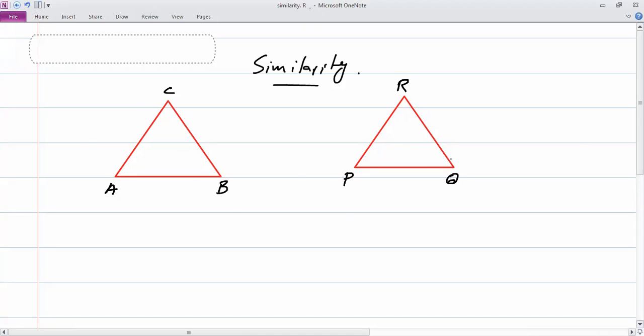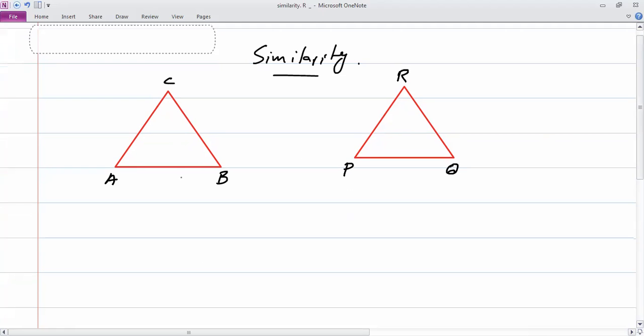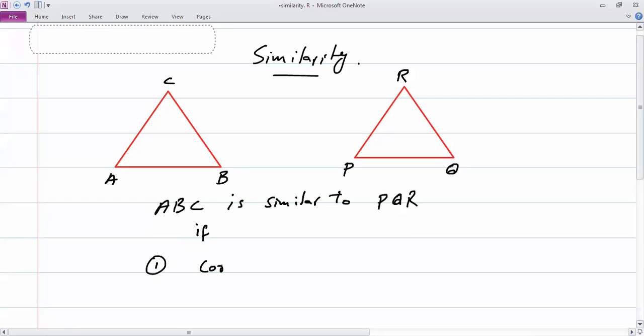We can say these triangles are similar if two conditions are fulfilled. I will say ABC is similar to PQR if, number one, corresponding angles are equal.